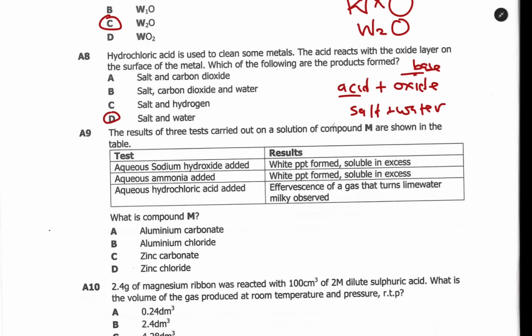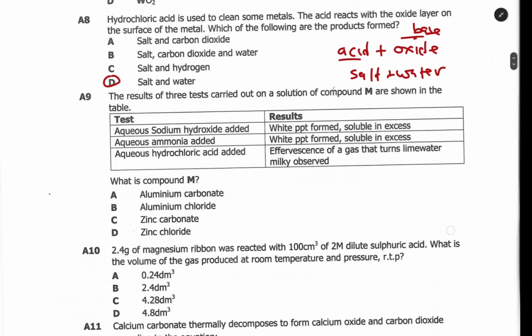The results of 3 tests carried out on a solution of compound M are shown in the table. As you can see, the table. So for test 1, using aqueous sodium hydroxide, what are the results?